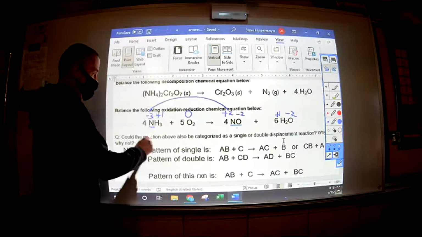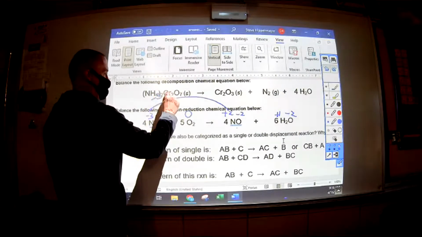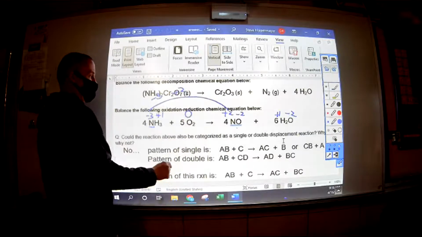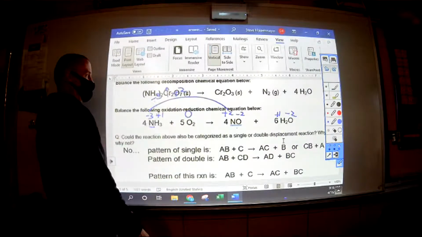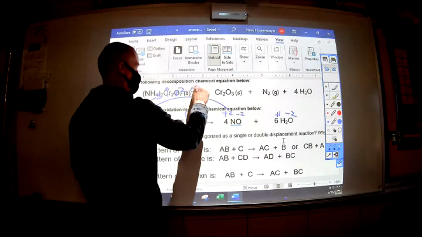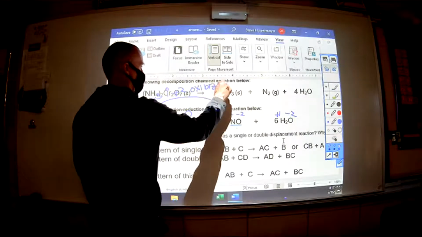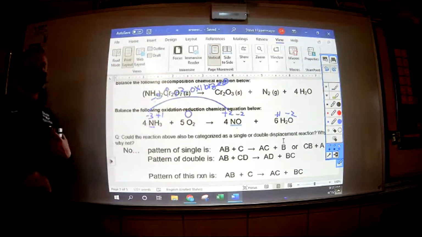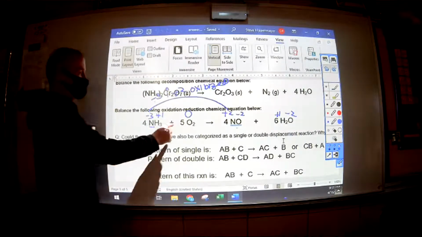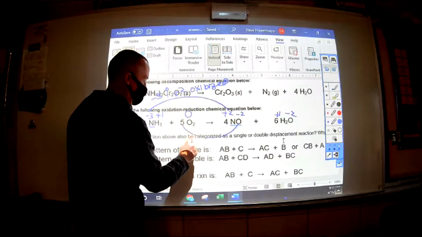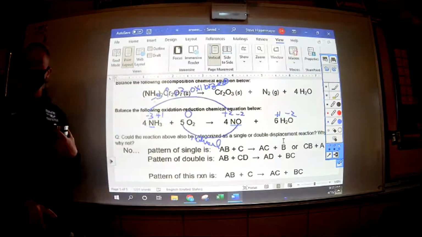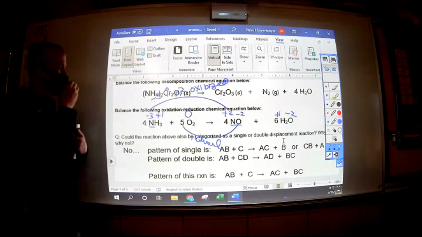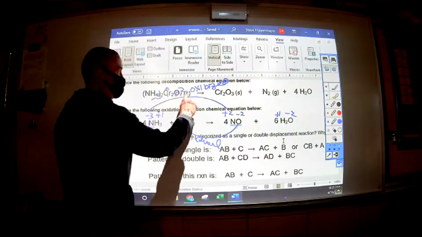If you go from -3 up to +2, your number increased. You're said to be oxidized. Oxygen goes from 0 down to -2. Oxygen's number was lowered, or reduced. Why do you suppose they say nitrogen's been oxidized?